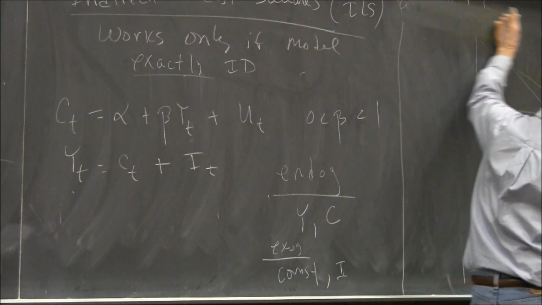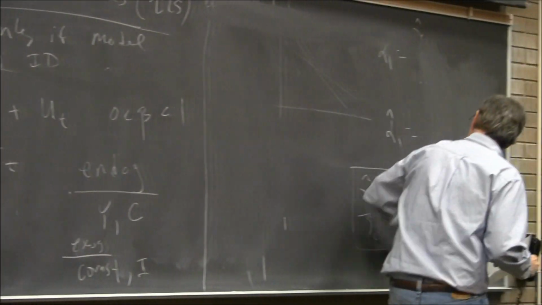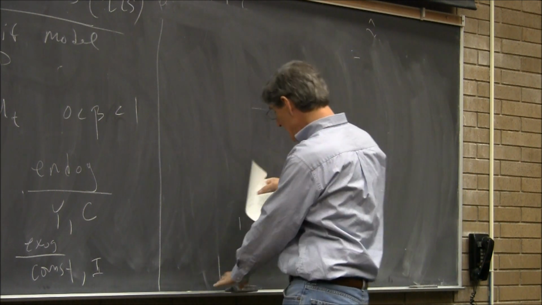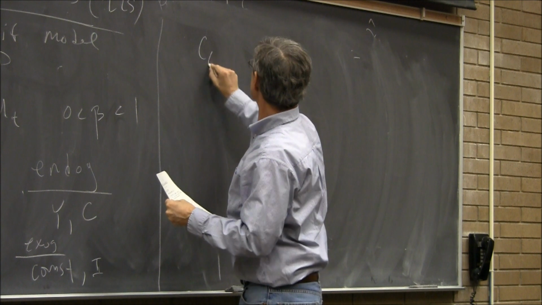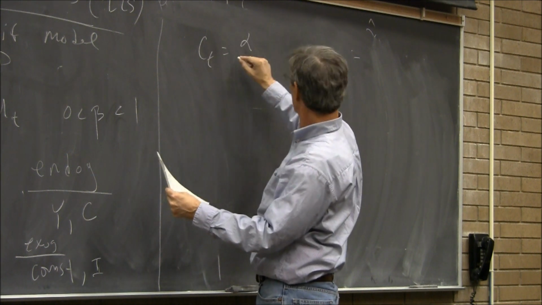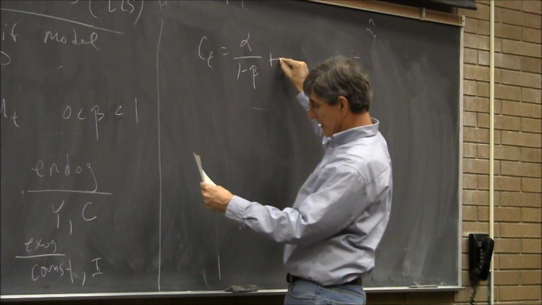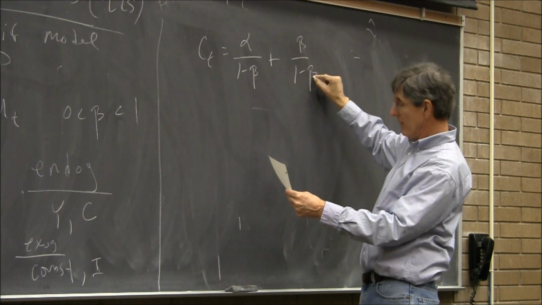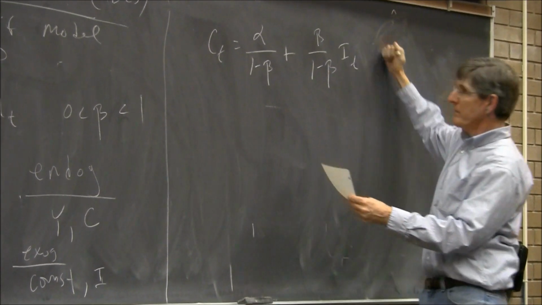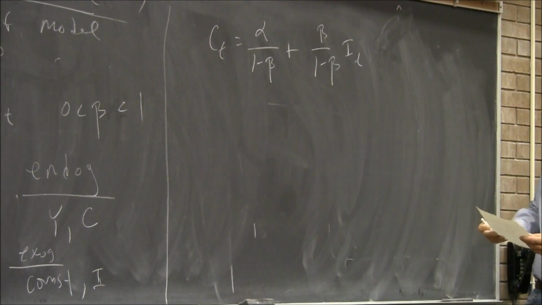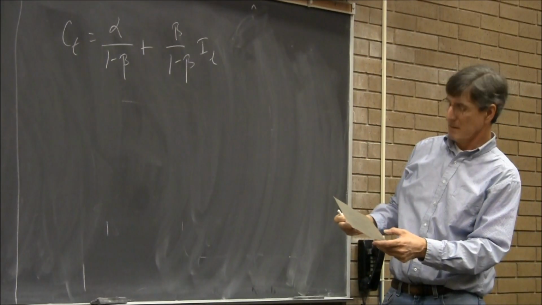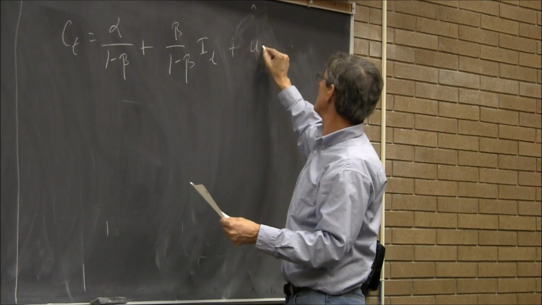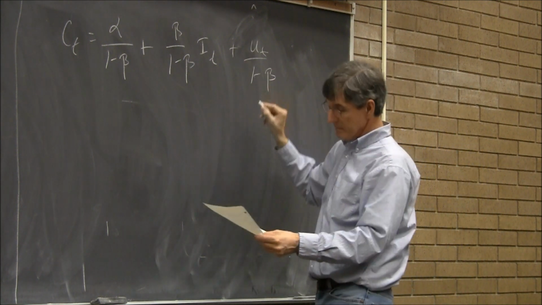So for indirect least squares, you do just exactly what we've been describing the whole time. You find the reduced form. C_t is alpha over 1 minus beta plus beta over 1 minus beta I_t plus u_t over 1 minus beta.